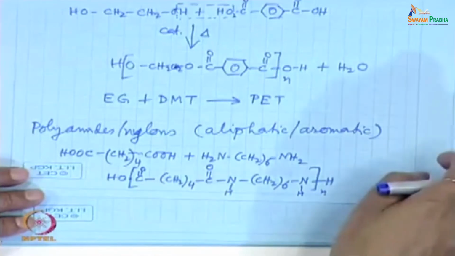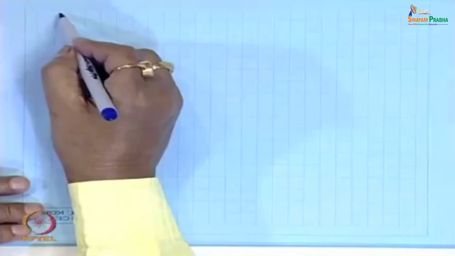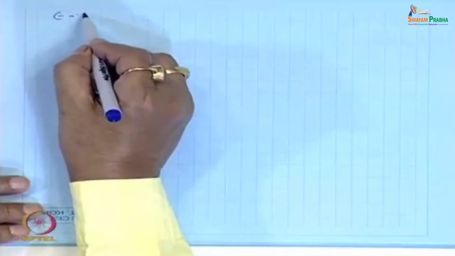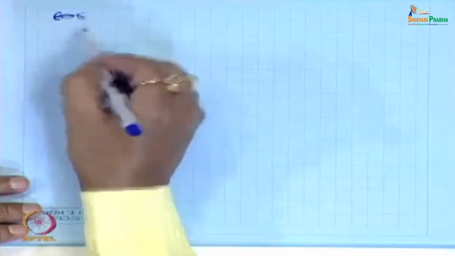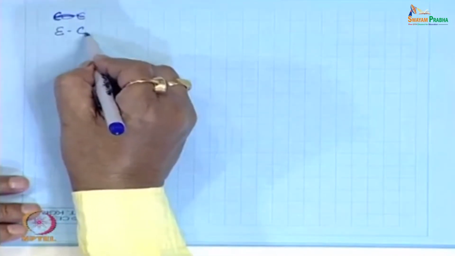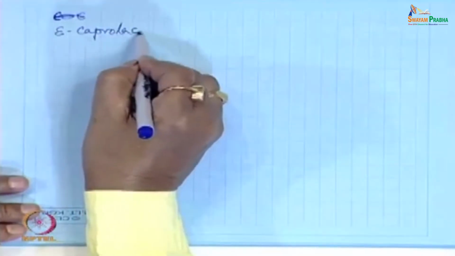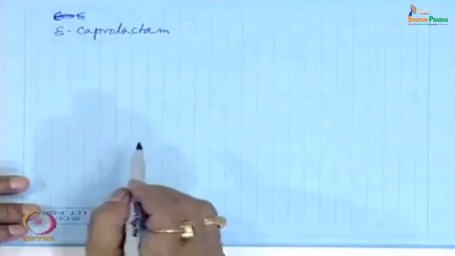You can get nylon 6 from caprolactam, epsilon, sorry, ring compound.